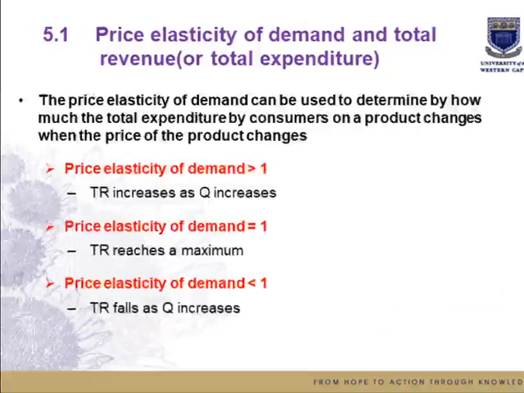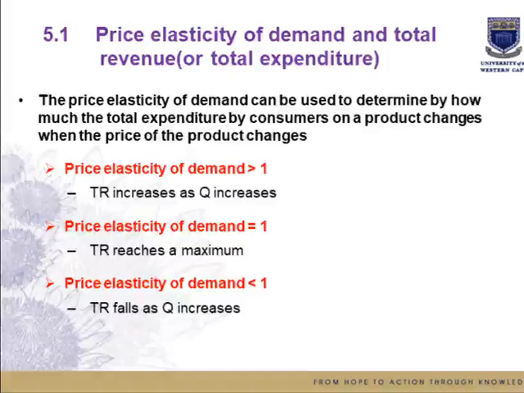Now, let us relate the change in price to the change in revenue. When the price of a product changes, there are three most important relationships we observe. Firstly, when the price change leads to a proportionately greater change in quantity demanded, then total revenue will change in the opposite direction to the price change. Secondly, when a price change leads to an equiproportional change in the quantity demanded, then total revenue will remain the same.